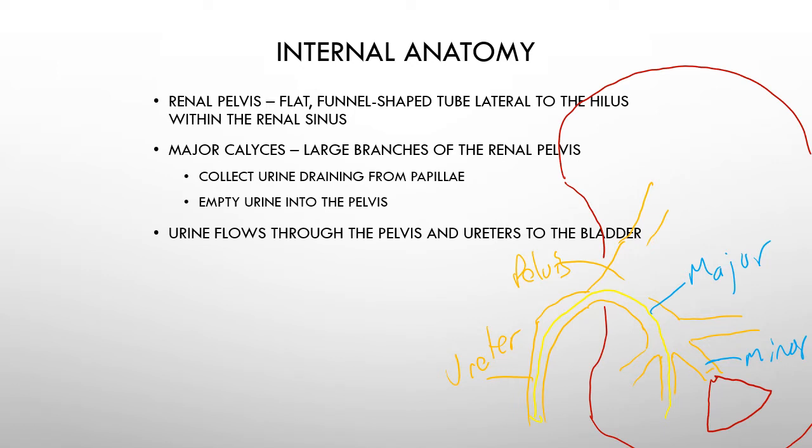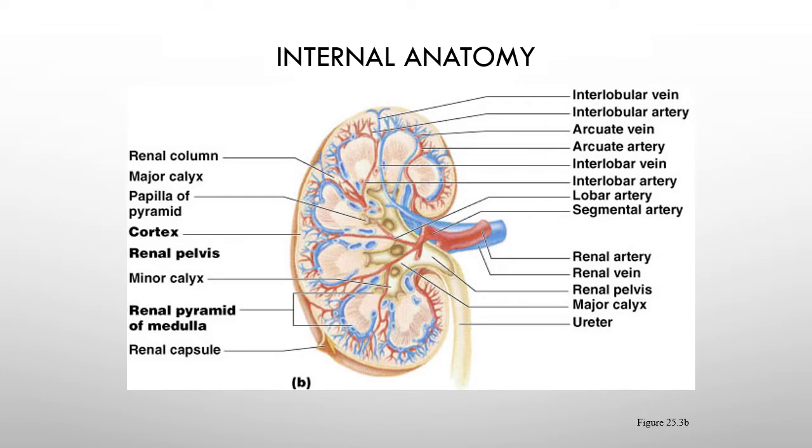And then that urine is going to flow out of the end of the pyramid. Oops, wrong color. Out of the pyramid and down into the minor calyx and then into a major calyx from there. And then once that urine actually exits the end of the pyramid, we're going to have the final product, so to speak, for the urine that is coming out.